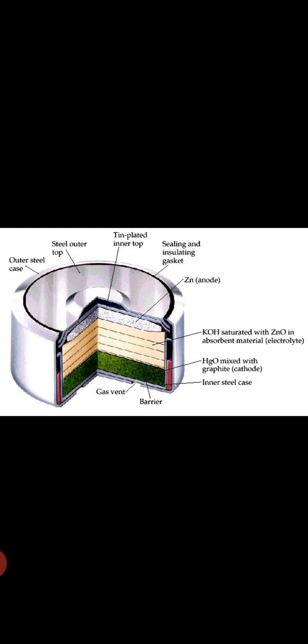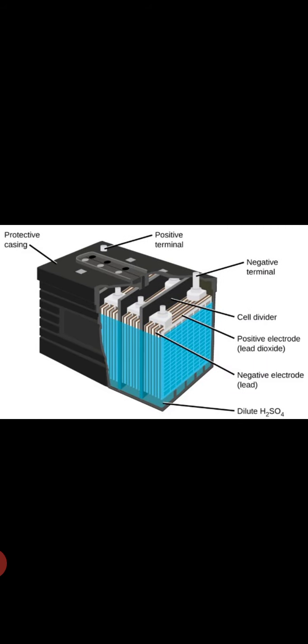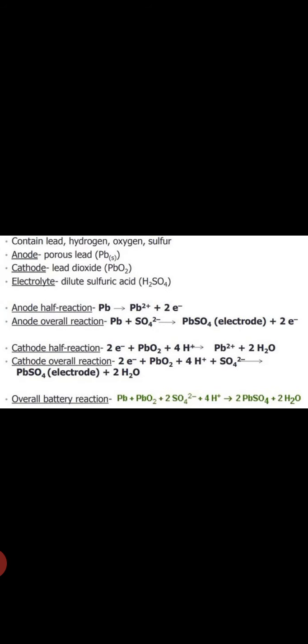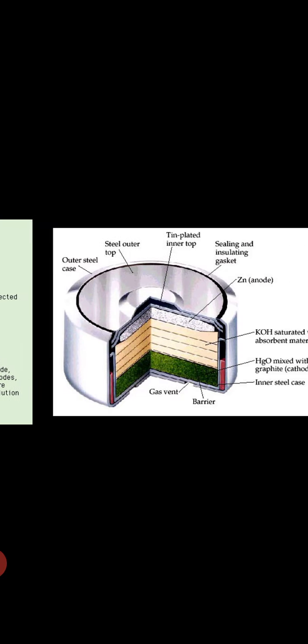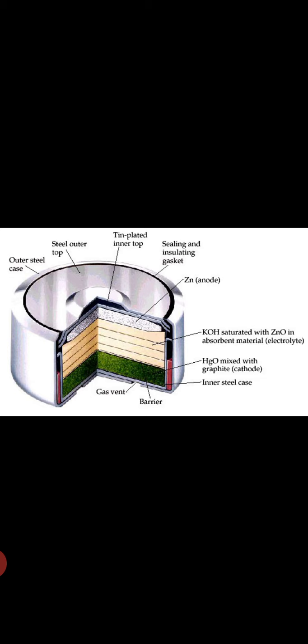Again I repeat the anode reactions. Whatever it is, I told you the anode and cathode reactions. Zinc plus OH minus will give zinc oxide plus water. Actually zinc will not react directly with OH minus.